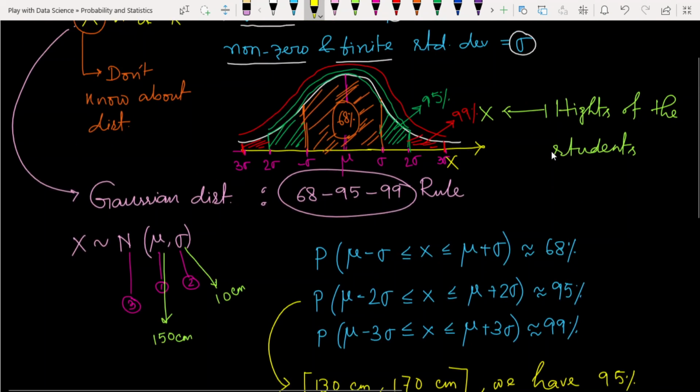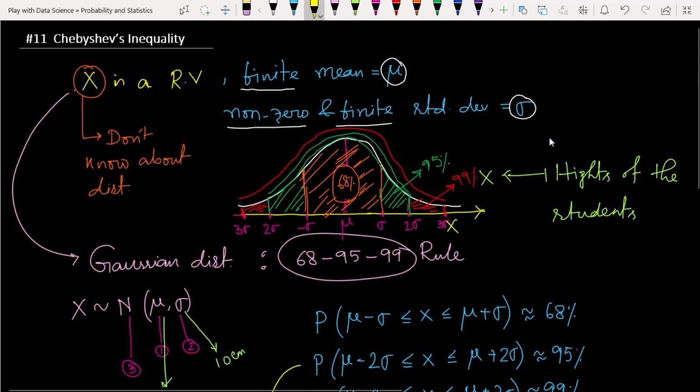If we know the distribution, fine, but in this lecture I'm just recapping these things for our better understanding.